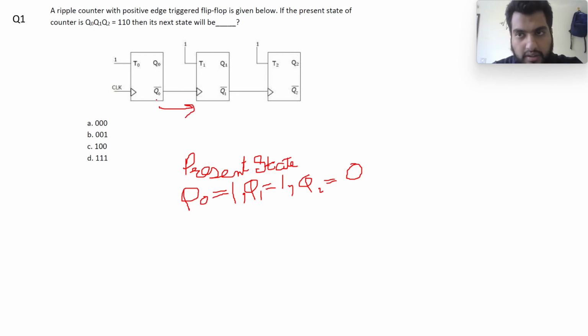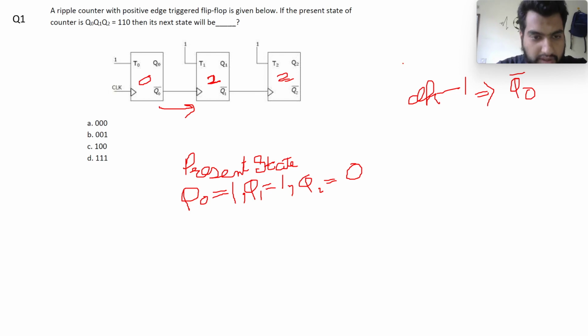Q0 complement is connected to the clock of this flip flop. Let's name them 0, 1, and 2. So the clock of flip flop 1 is nothing but Q0 complement.